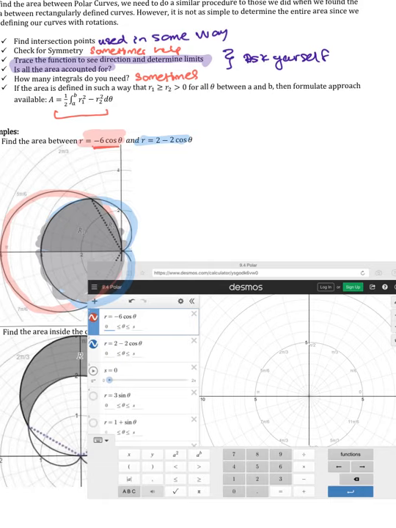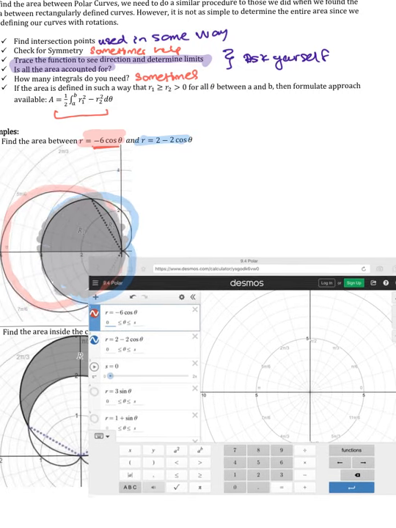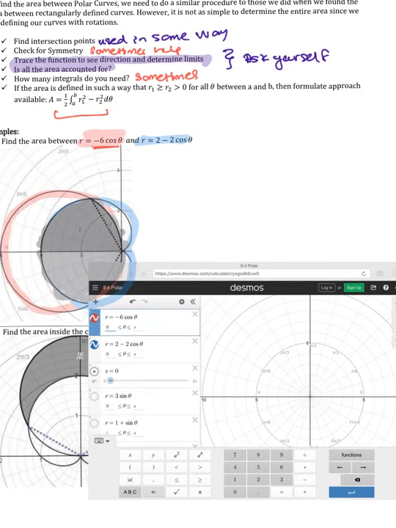But let's just stop for a minute. So that's my thought on approach. Maybe I can find the area of the top and then double it to find the area of the bottom or the entire area. All right, so let's look at what's going on with our graph here. Let's let it run.